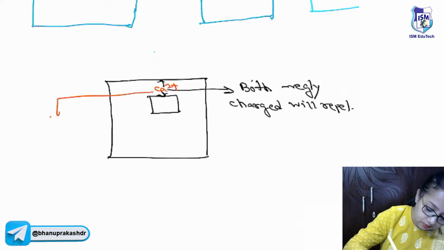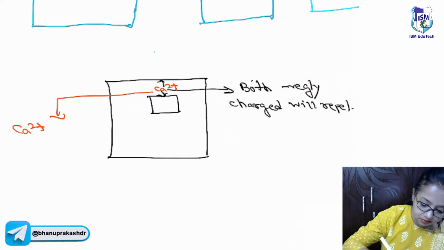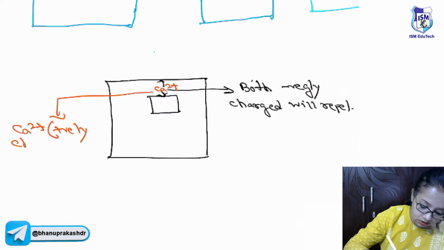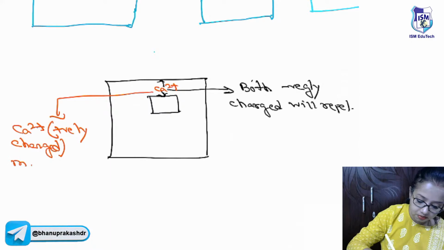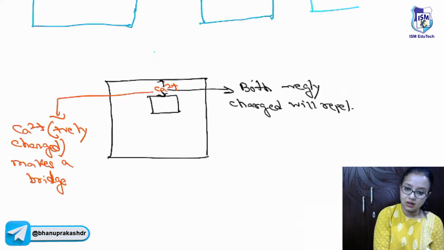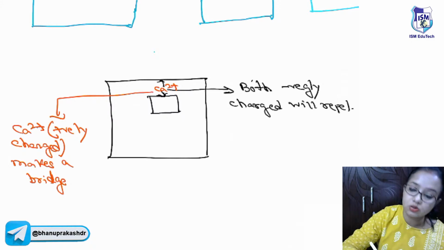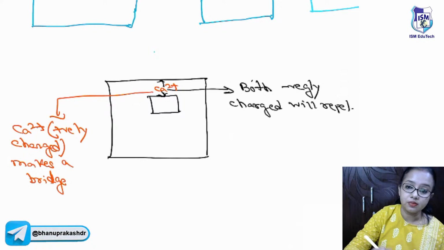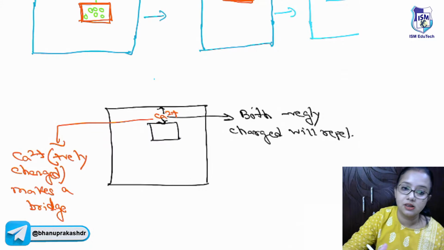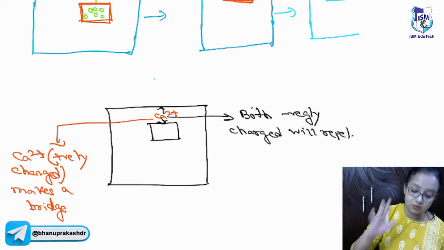So here calcium, which is positively charged, makes a bridge. It kind of attaches this vesicular membrane to the cell membrane, helping them to attach and then lyse the substances. This is why calcium is essential.